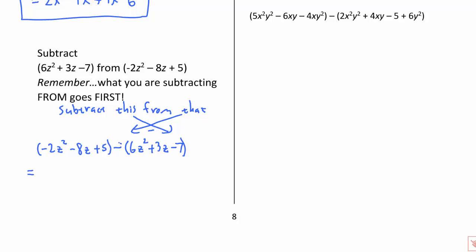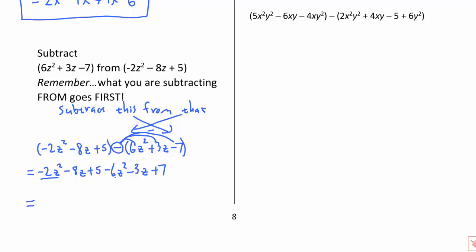Now we take this negative sign and we distribute to all three terms of the second one here. So that's going to give us negative 2z squared minus 8z plus 5, and then changing the signs, we get negative 6z squared minus 3z, and then plus 7. I changed all three signs here.